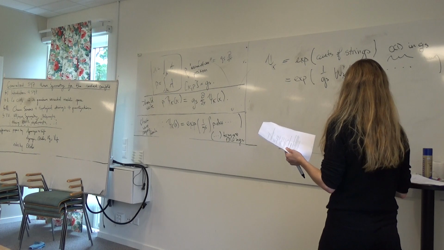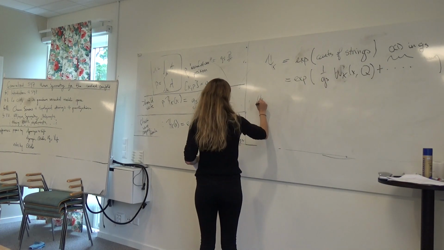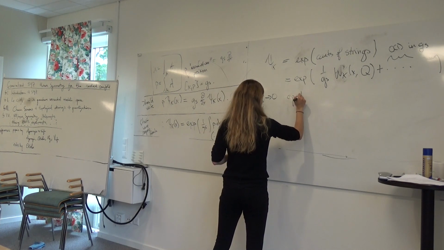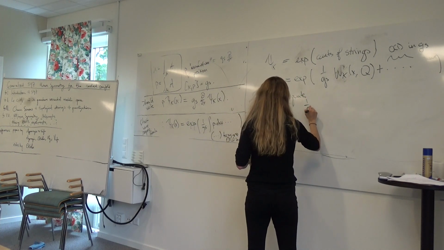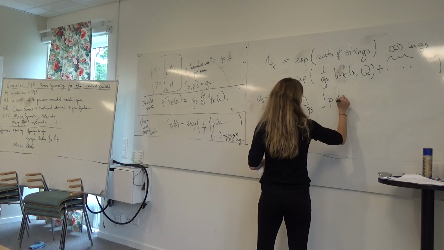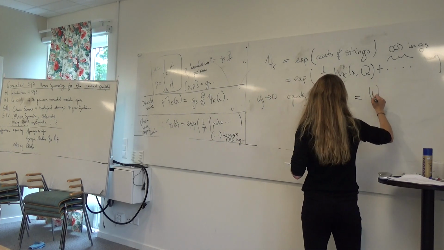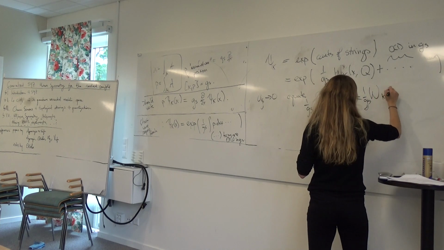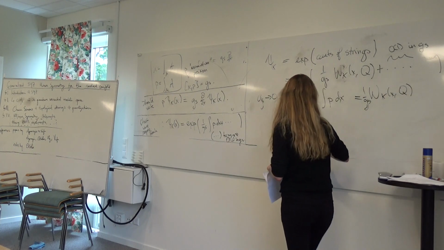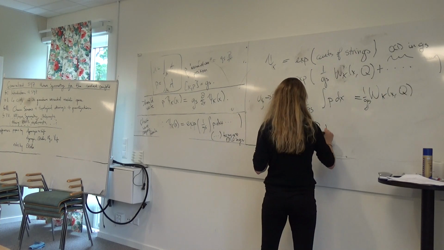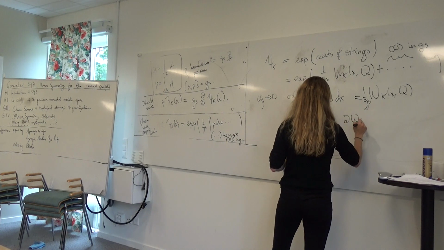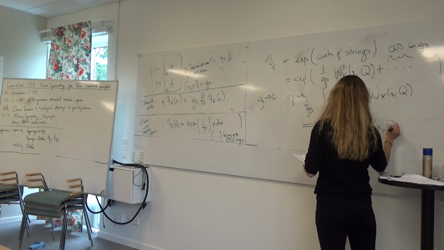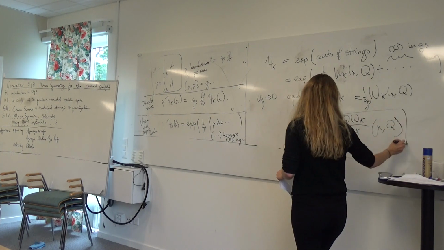So then we say g_s goes to 0, and we equate 1 over g_s times this integral of p dx with 1 over g_s times W_k of x, q. And so we end up with p equal to the partial derivative of W_k with respect to x. This is a very nice equation.